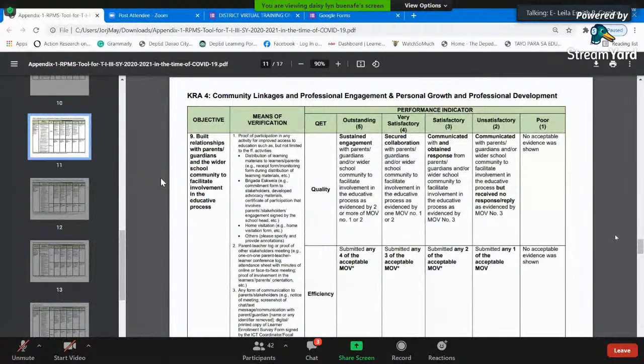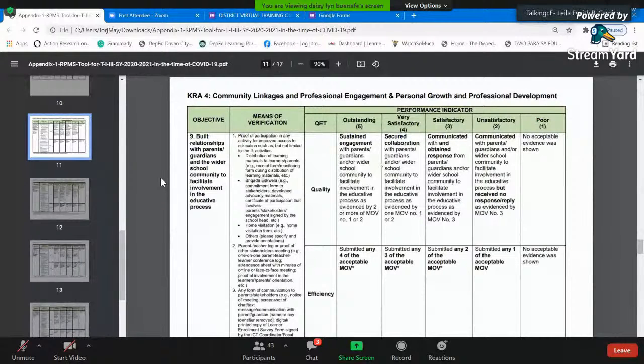Example, kung related sa Brigada Eskwela, commitment form to stakeholders, develop advocacy materials, certificate of participation that involve parent stakeholders, engagement signed by the school head. Or, pwede po home visitation ang imuhang MOVs.